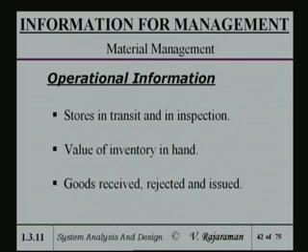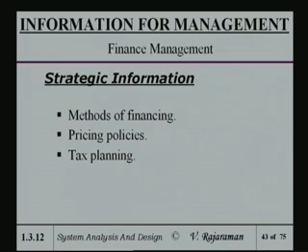So, then he has to generate a check. This is operational information. Daily these things have to happen: as and when an item is taken into stock and store, a payment has to be made. If the payment is delayed, then you have bad relations with the vendor, and later on he may start reneging on supplies, starving you of supplies and things like that. So this operational information is very important.